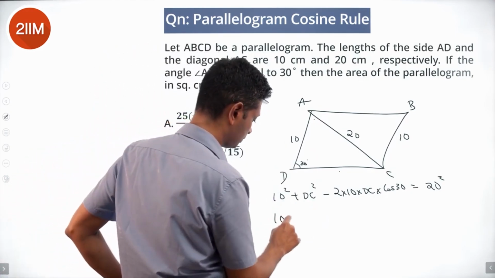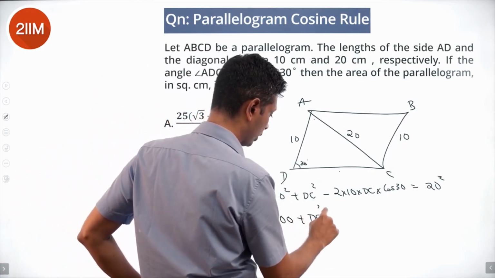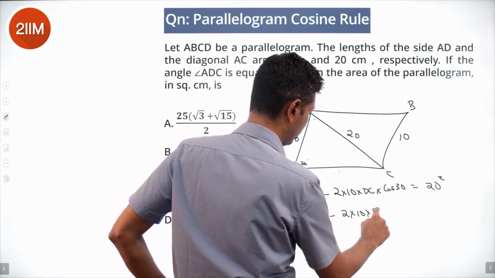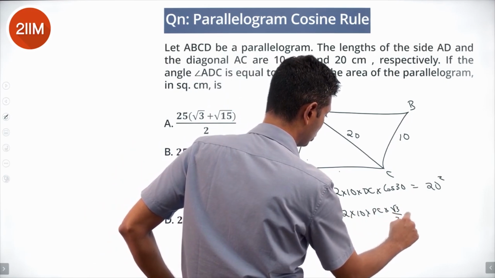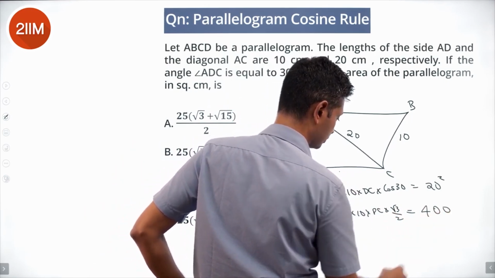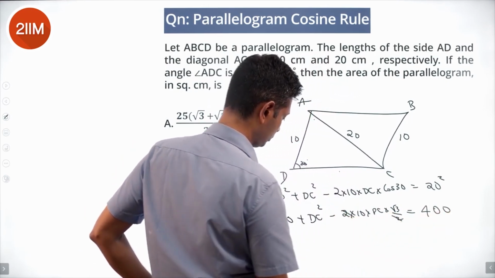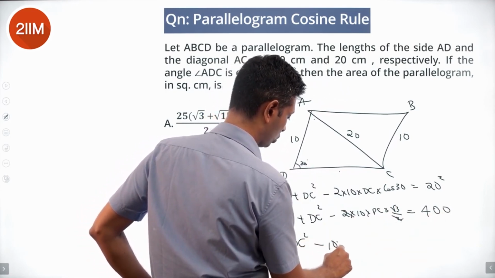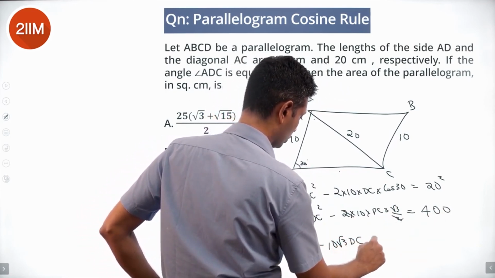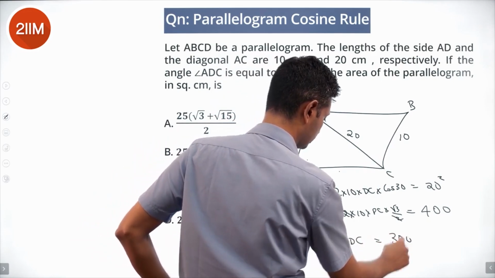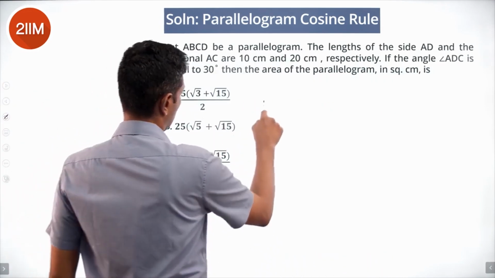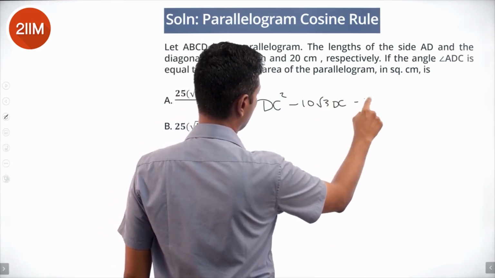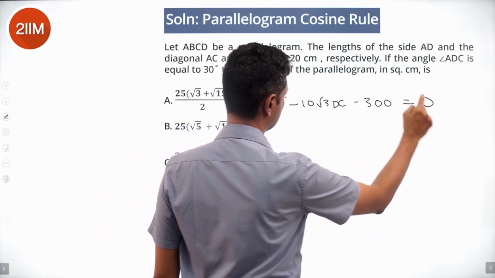So 100 plus DC square minus 2 into 10 into DC into root 3 by 2 is 400. So DC square minus 10 root 3 DC equals 300, or DC square minus 10 root 3 DC minus 300 equals 0.